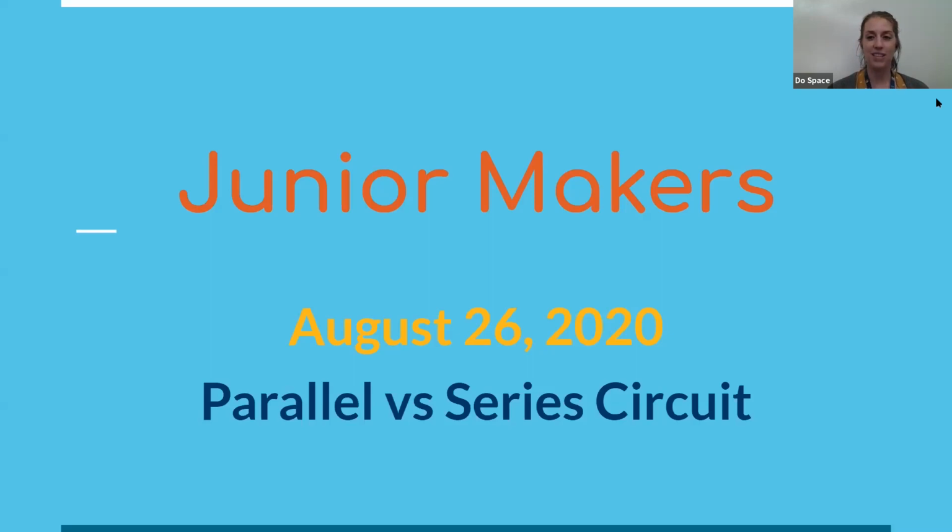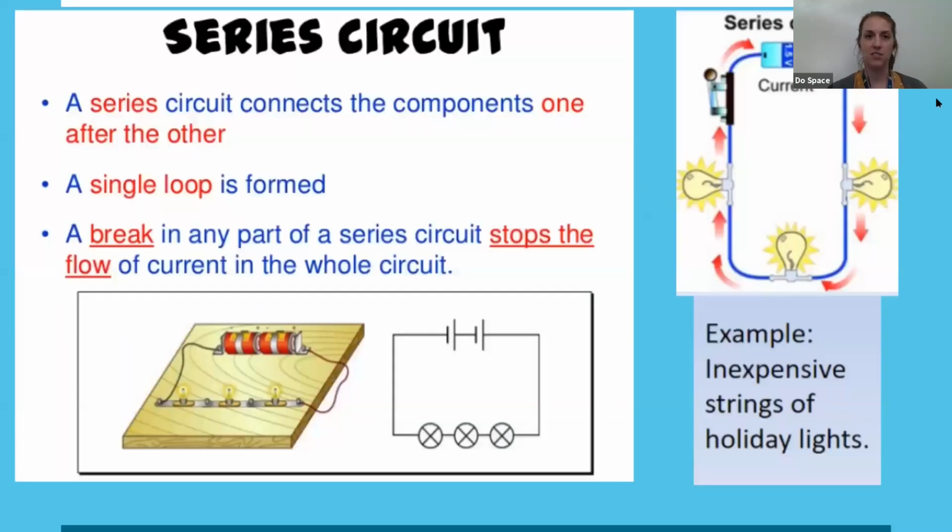So let's get started. We're going to talk about a series circuit first. A series circuit connects the components one right after another. A circuit is a path in which electricity flows, and the word circuit even refers to a loop, where it's all connected together in a circle.